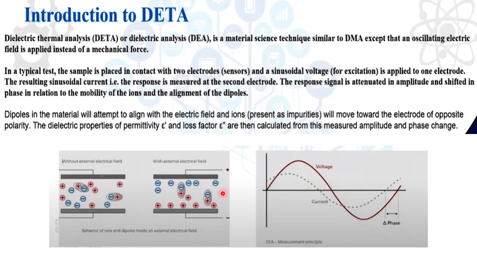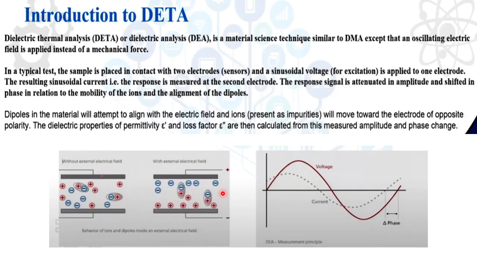The response signal is attenuated in amplitude and shifted in phase in relation to the mobility of the ions and the alignment of the dipole. So since you are providing a sinusoidal potential, the response would be a sinusoidal current.